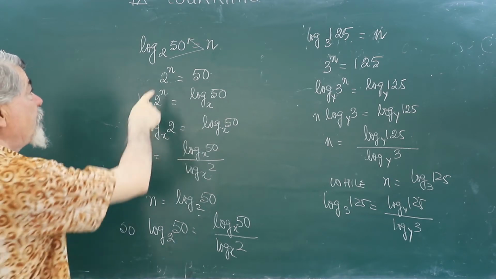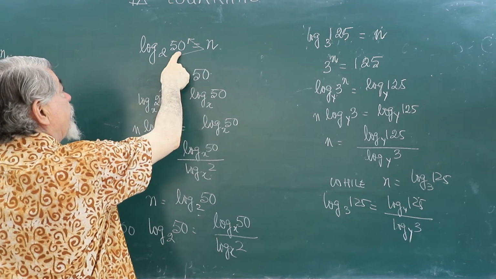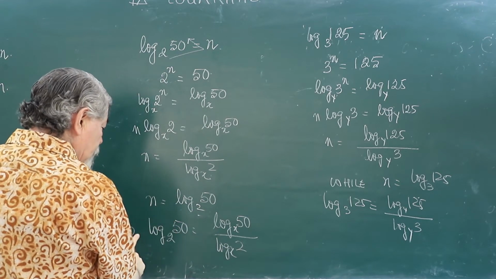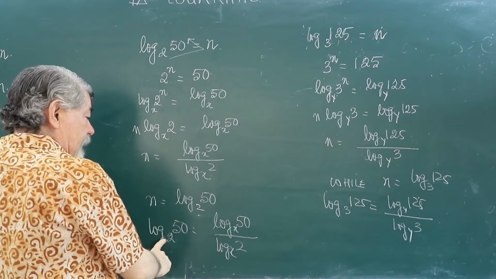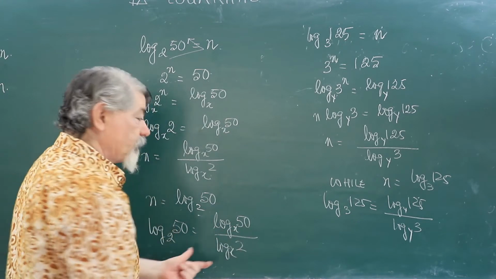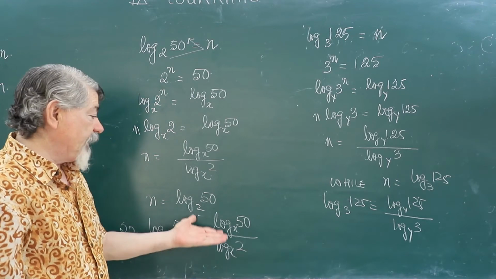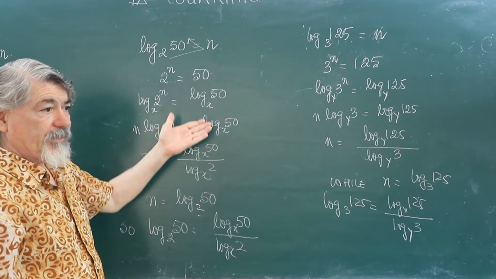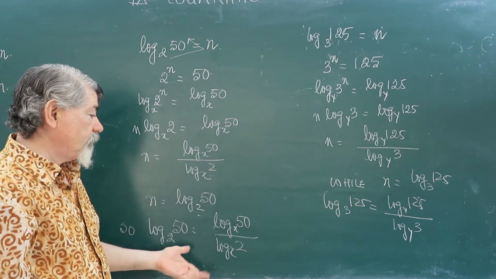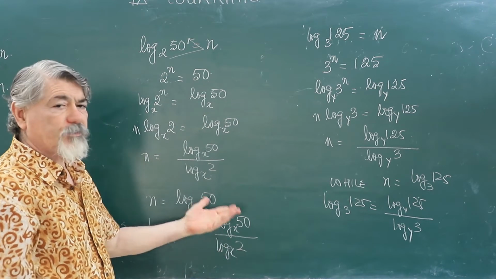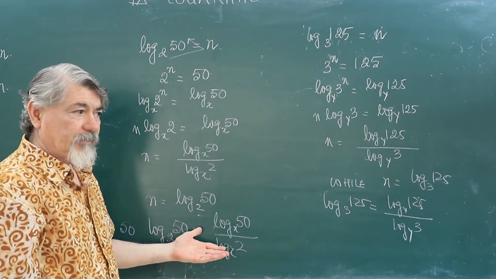And what was the value of n? n was log 50 to the base 2. So log 50 to the base 2 has become log 50 to the base x upon log 2 to the base x. So we have been able to change the base of the given logarithm from 2 to x. x could be any number.